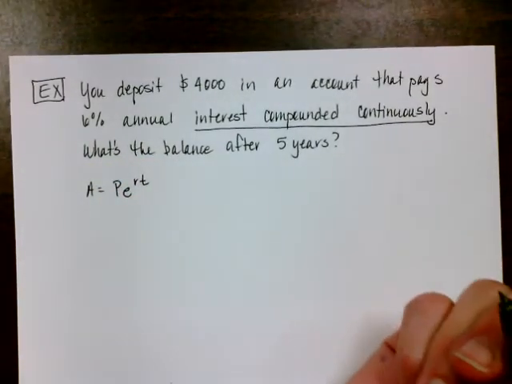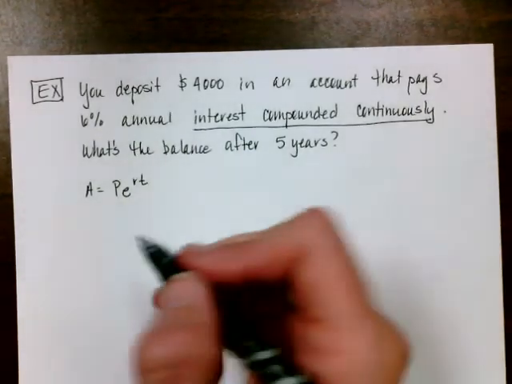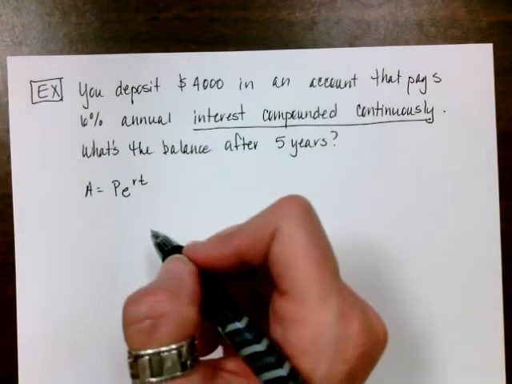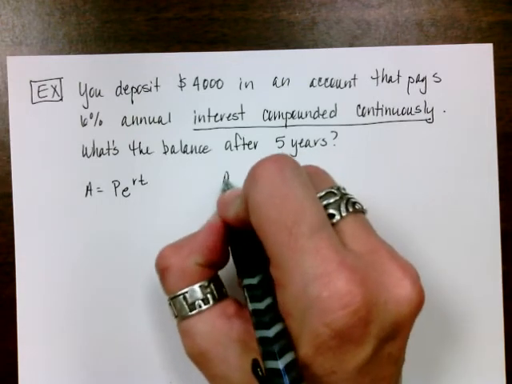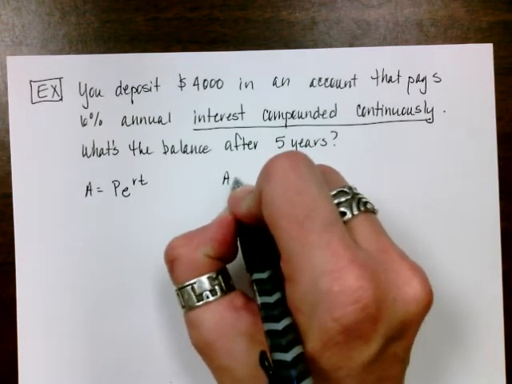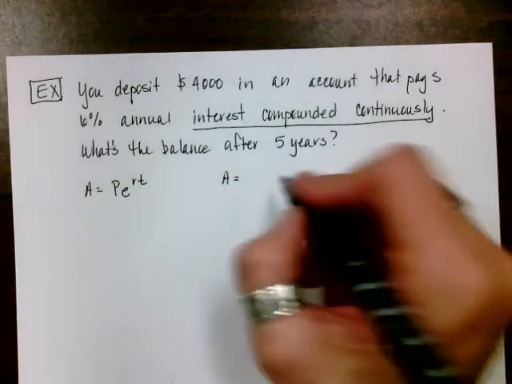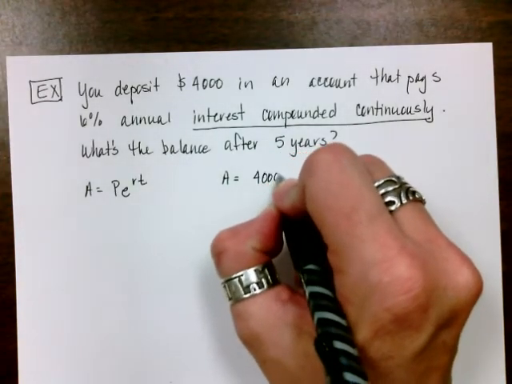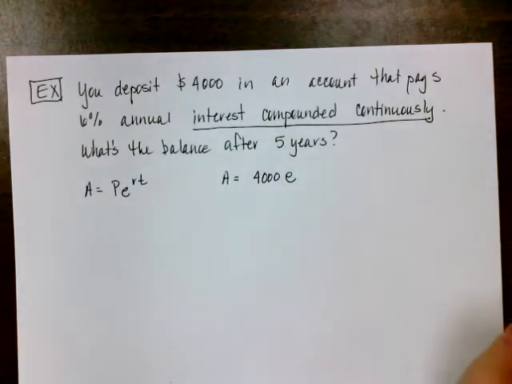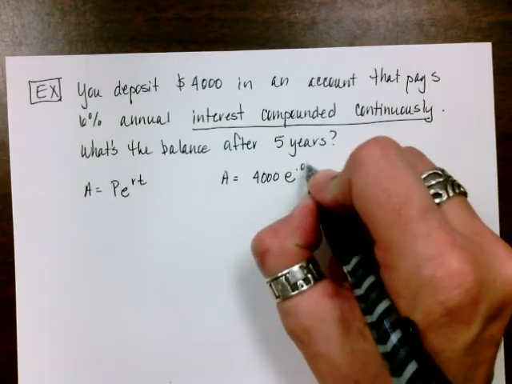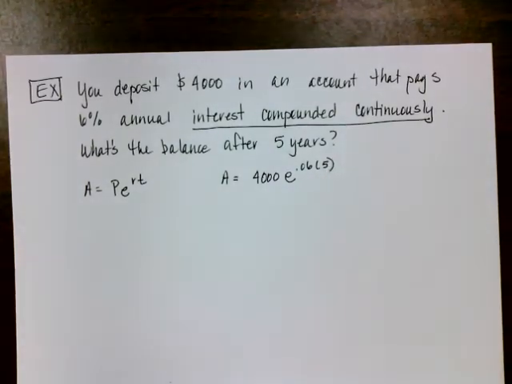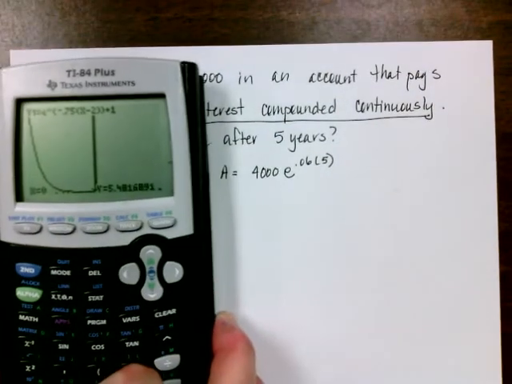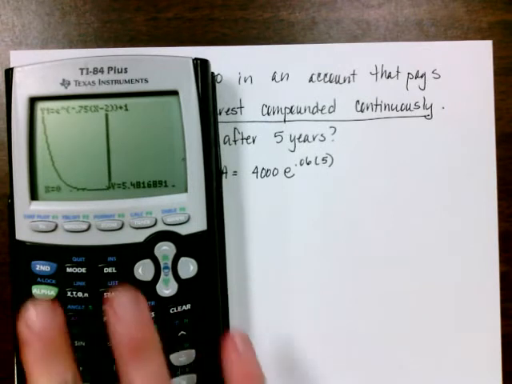Now on an exam, I will give you the formulas, but I will not tell you what the title of the formula is. You will have to know how to use them. I learned my formulas by writing them, okay? So I'm going to put my A. My principal was $4,000. There's the e. The rate is 0.06, and then my time is 5. So I'm going to bring in my calculator, and I'll enter all that in my calculator.